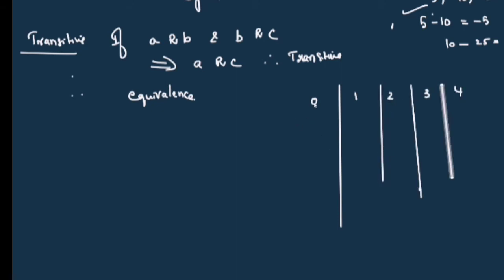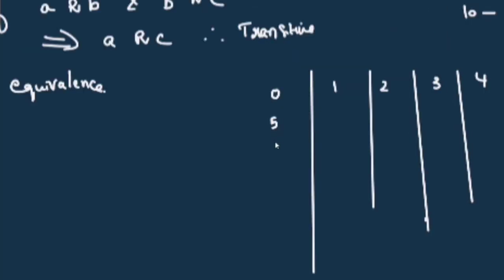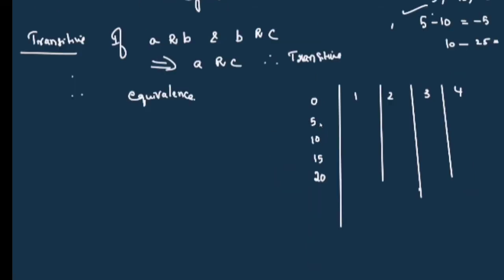So what are the numbers that give you 0 as a remainder? 5, 10, 15. If you divide all these numbers by 5, you get remainder 0. What is the difference here? 10 minus 5, is it divisible by 5? Yes. 15 minus 10, 20 minus 15, all these are divisible by 5. So this is one set of numbers. From the set of integers, all these, plus or minus, will come here.